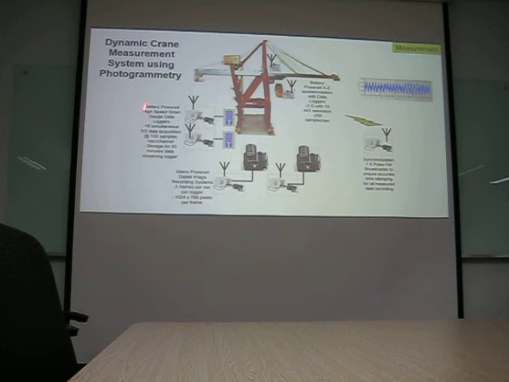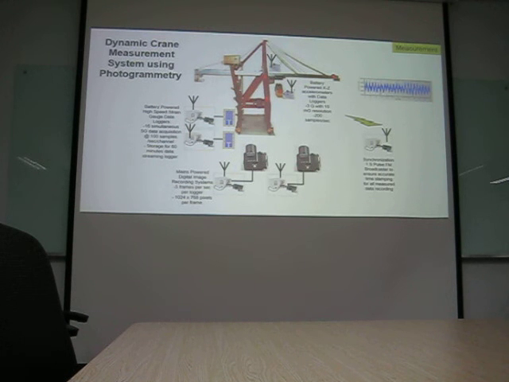So I got strain gauges, cameras, but I need time synchronization. So I have a transmitter, we transmit, then I clock. The purpose of this was to measure movement while the crane is moving. And you cannot measure with wires because it's moving and weighs a few tons.